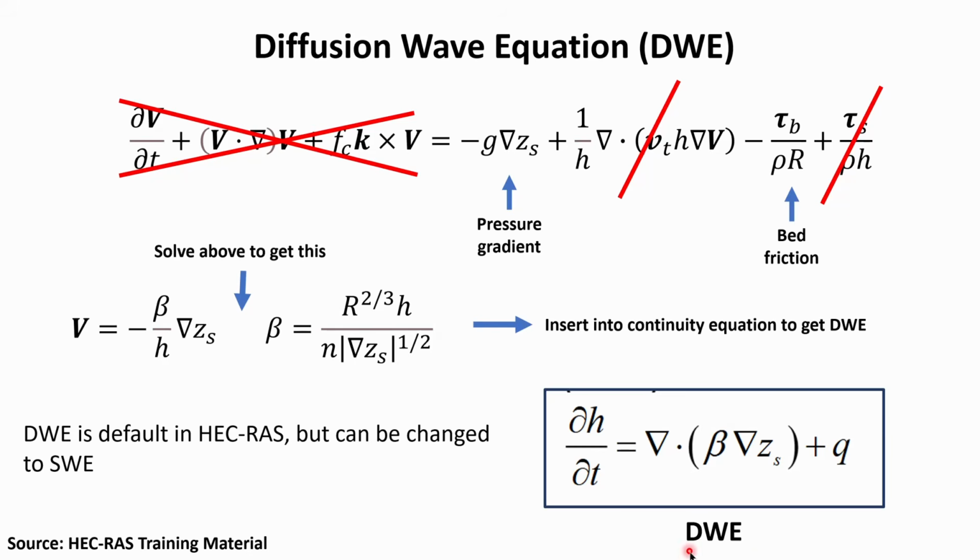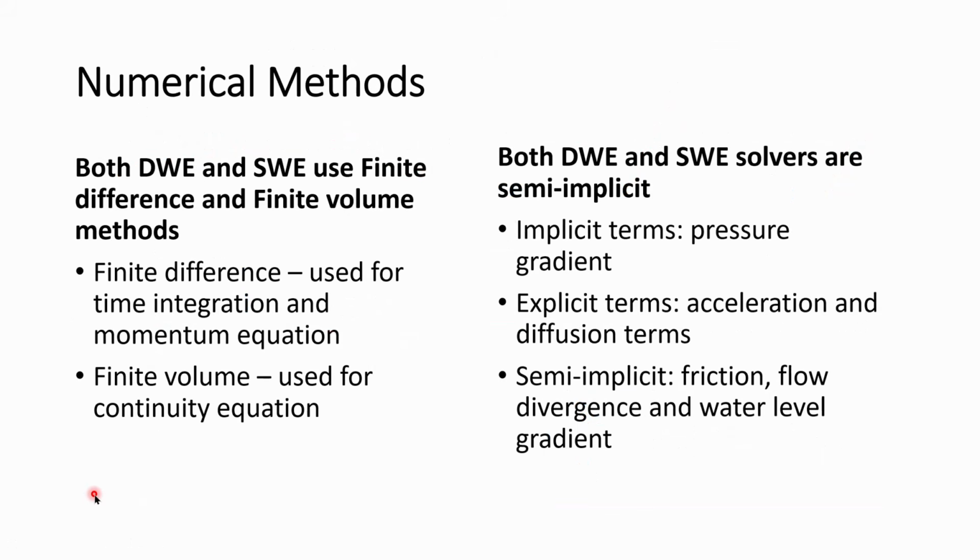By default, the diffusion wave equation is used, and we will talk a little later about when to use the diffusion wave equation or the shallow water equation. So as I said, it is the default in HEC-RAS but can be changed to the shallow water equation. Now we know what equations are used, the question is, how are these equations solved?